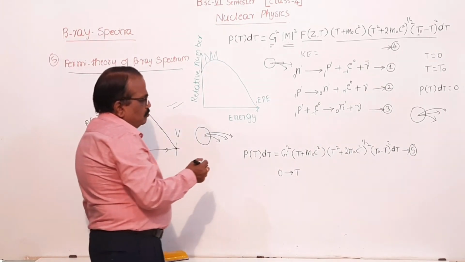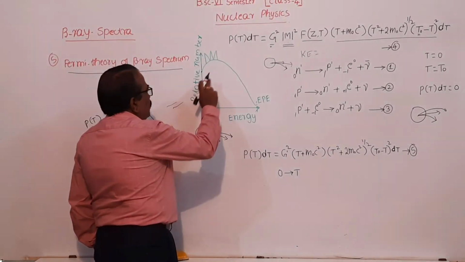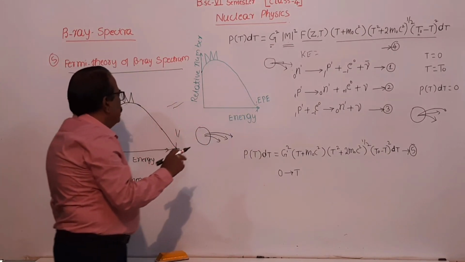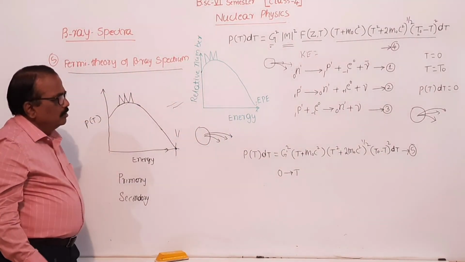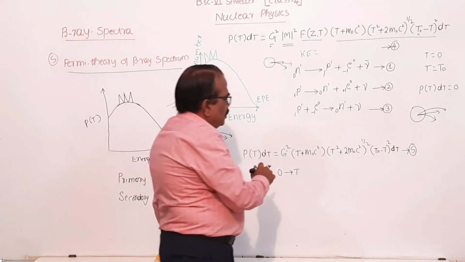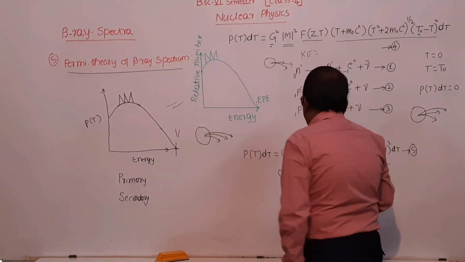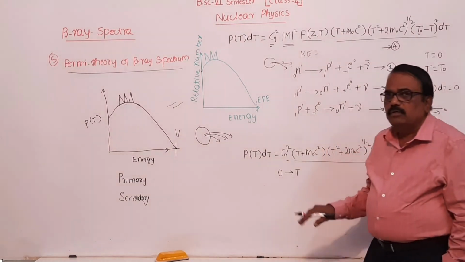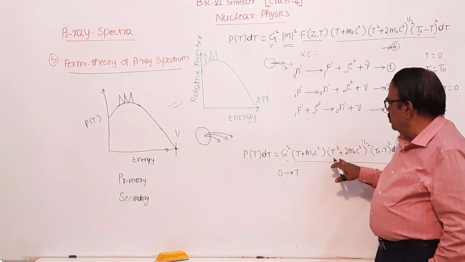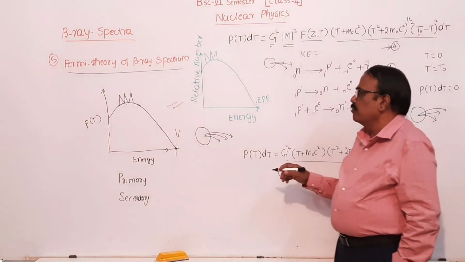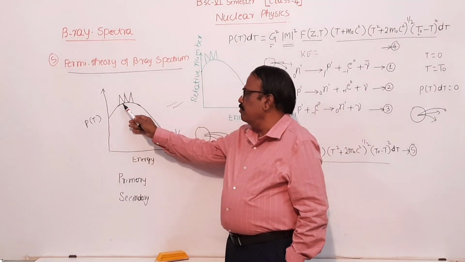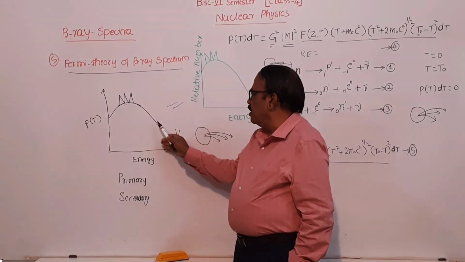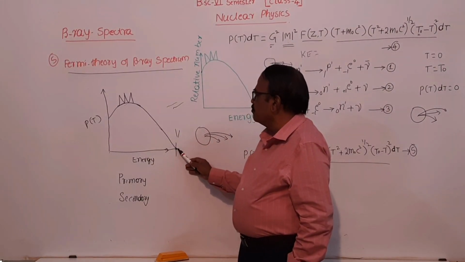Then if you want the average energy between 0 and the maximum, this equation has to be integrated over all values. If you go on integrating this equation, it gives the continuous curve reaching a maximum at the end point energy.